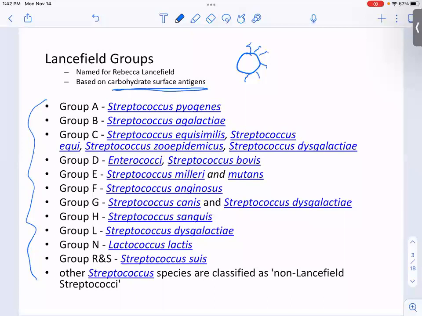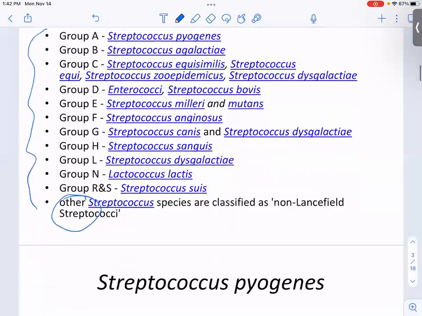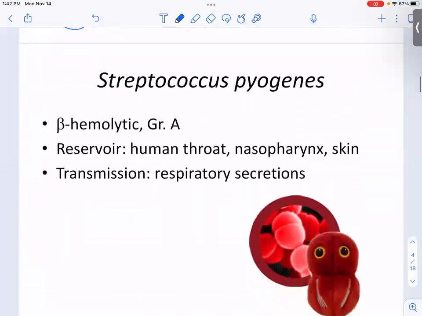Again, not to memorize, it's like a taxonomic thing for streps. The problem is there are some streps that don't have those surface antigens, so we call them non-Lancefield streptococci. To me, it's not a perfect system, but it's one that you see and read about and want to know what it means.